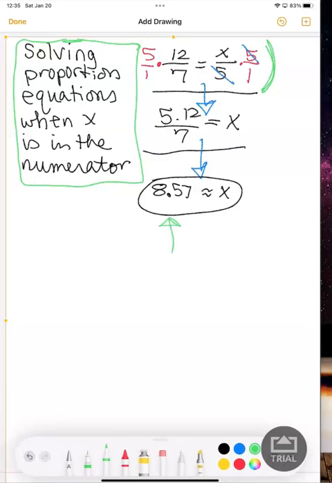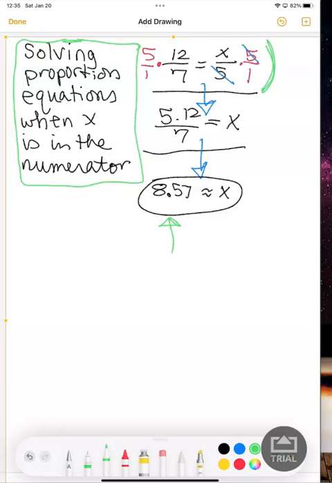And then final note, that is your starting answer, but you have to go back to the context of the problem. Maybe you're talking about people, and in certain situations, you don't want to have 8.57 people. You're not going to chop some person up and say, oh, sorry, you don't fit in my math problem. I only can take 0.57 of the 9th person.